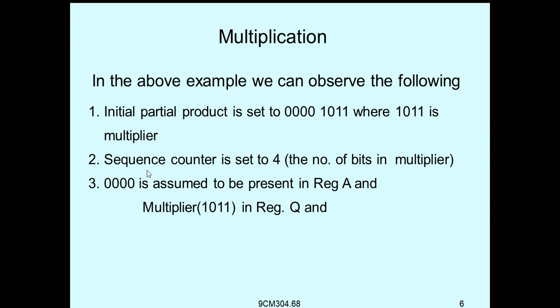Initially there is no result, so we can assume it as zero. The partial product is zero initially, the multiplier 1011 is in register Q, and the multiplicand is present in register B. That is the multiplicand and that is the multiplier. So 1001 in register B.